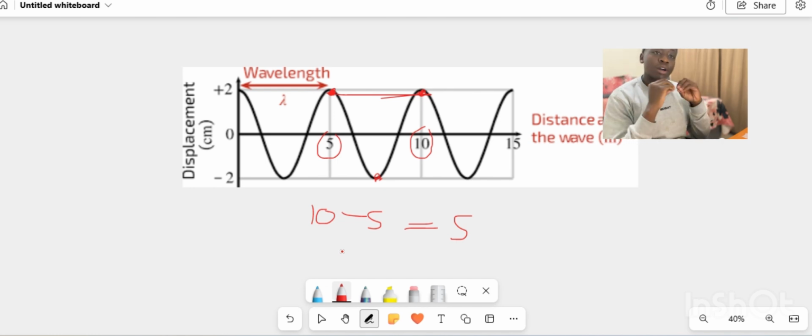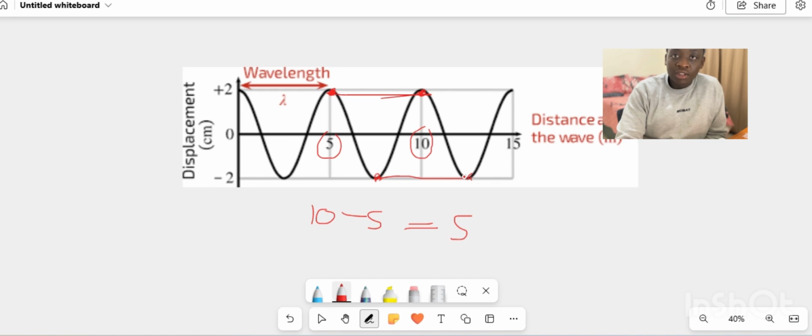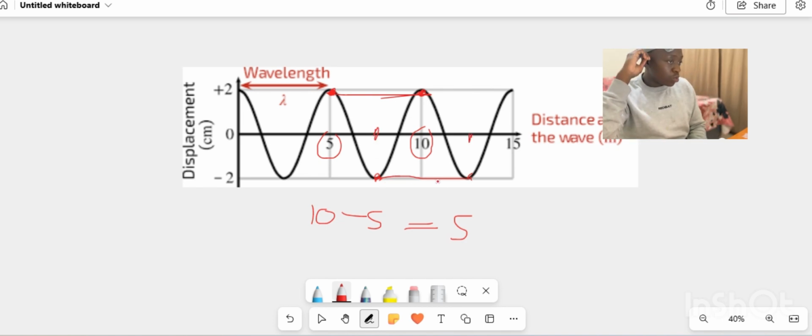And remember one thing: wavelength is the same all over. Meaning that the space here is the same as the space here at the bottom, which is the trough. So also here it is the same space. The problem with this diagram is that they did not give us numbers here. But if there was a number here and a number here, that would be the wavelength, and you have to subtract.